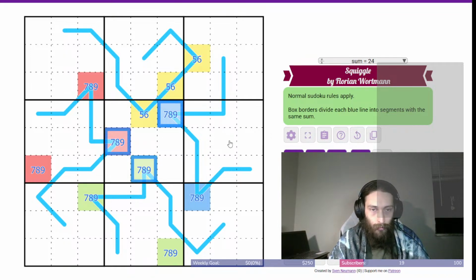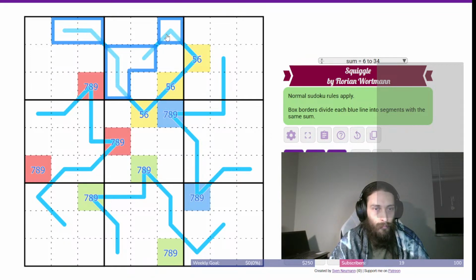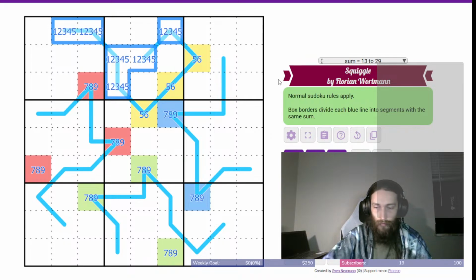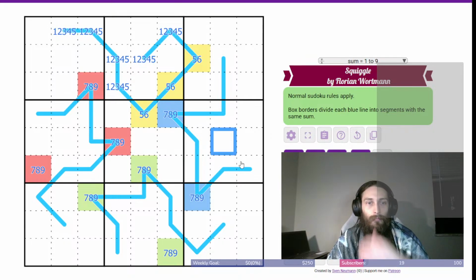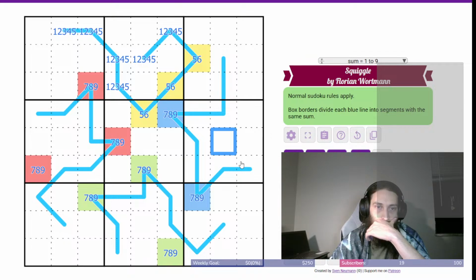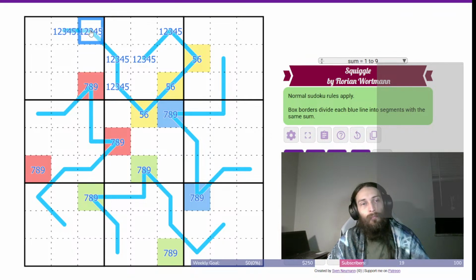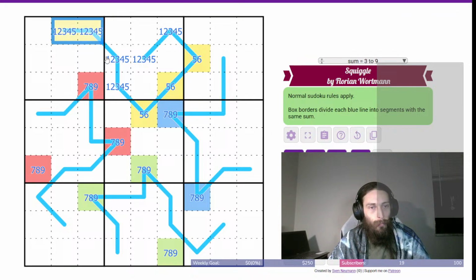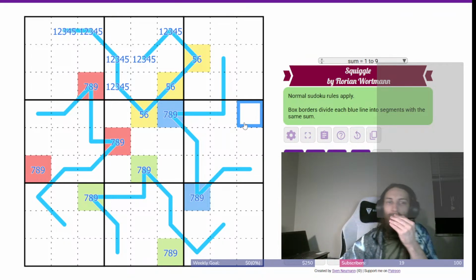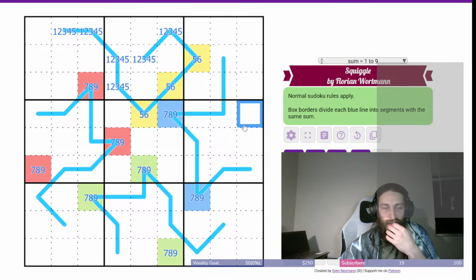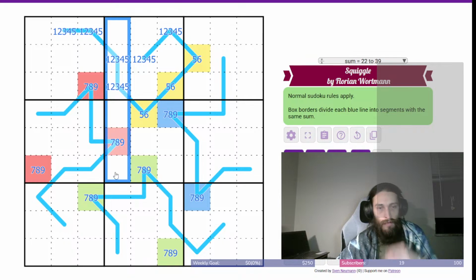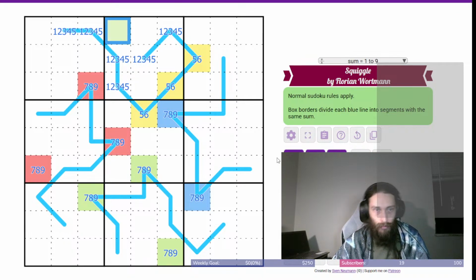Already got a triple. Well, this pair will be the same as that, because whatever this is cannot be that pair. And green in column 4. Yep, green must be there.